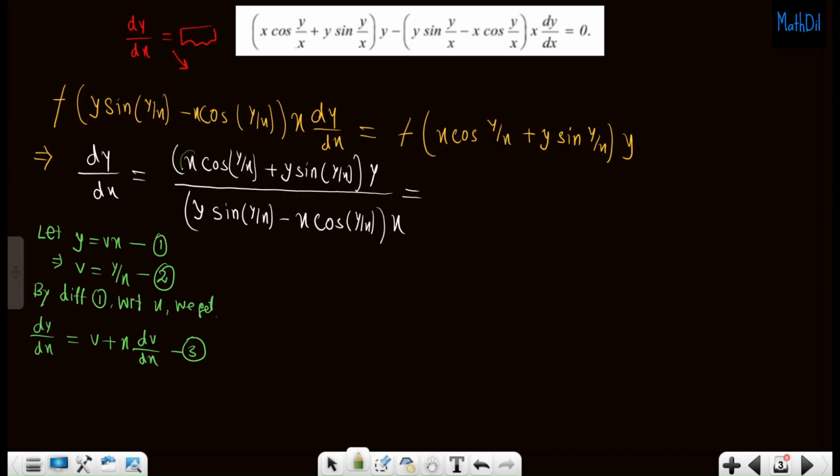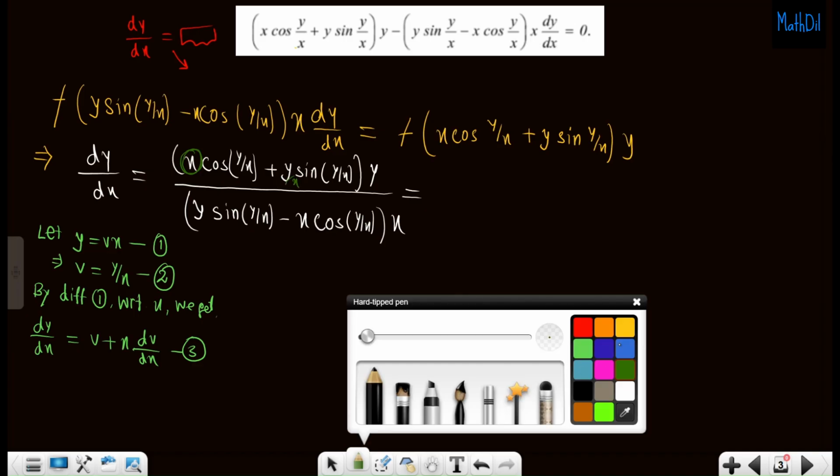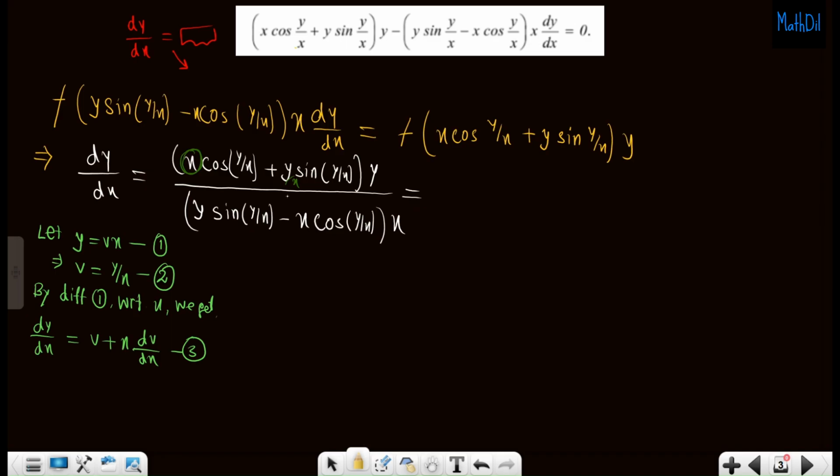If you take this x as common, then here you will get y by x, and here you will get y by x. And similarly, if you take x common from this expression, then you will get y by x from this side. So we can replace this y by x with v, so that our calculation will be easier. So let's try it.